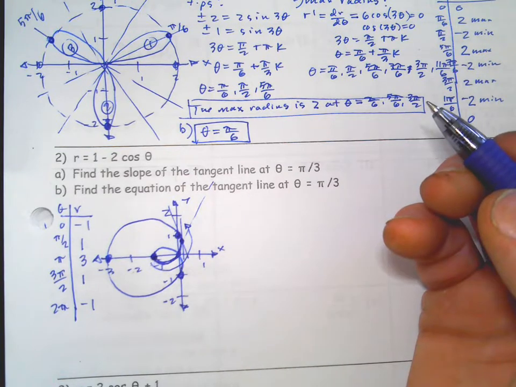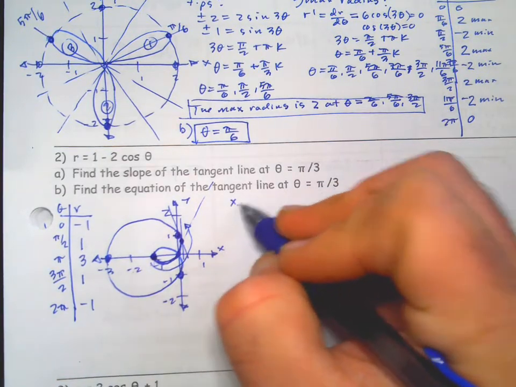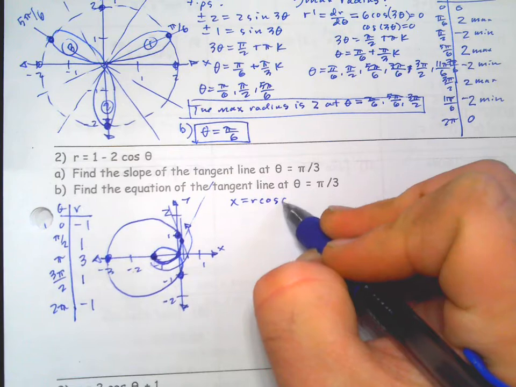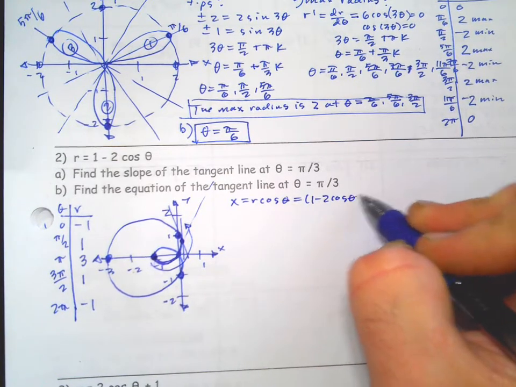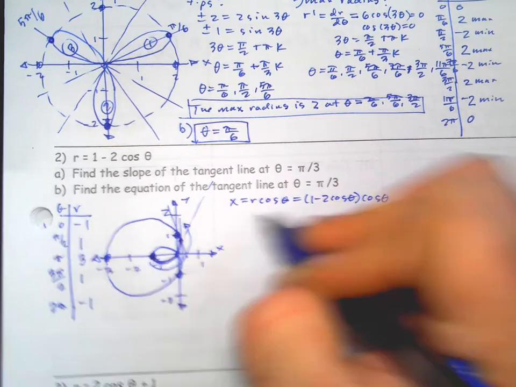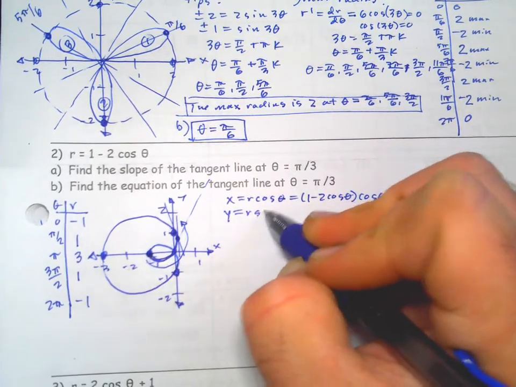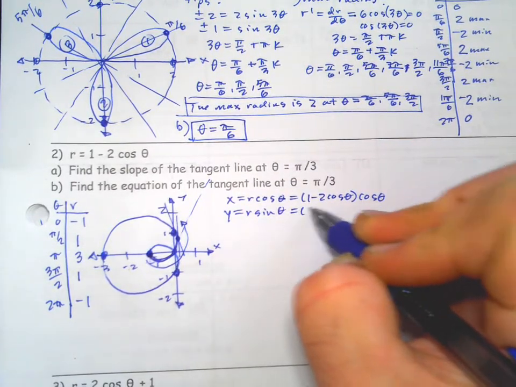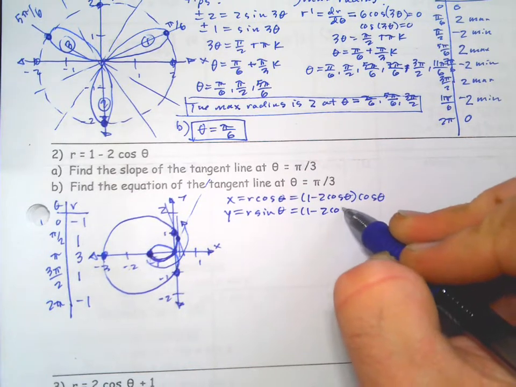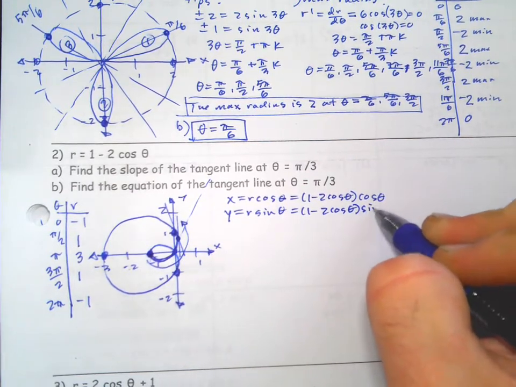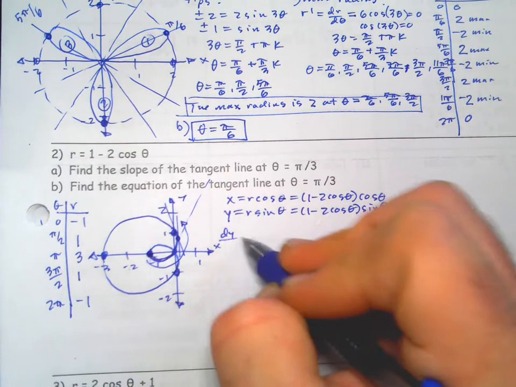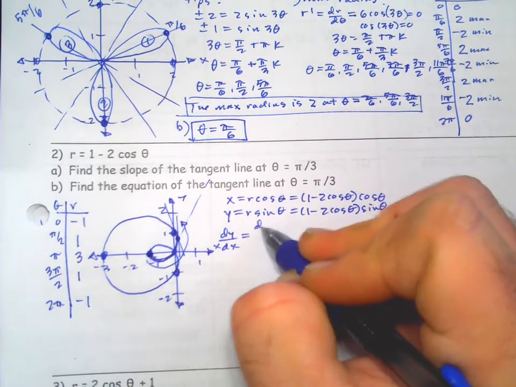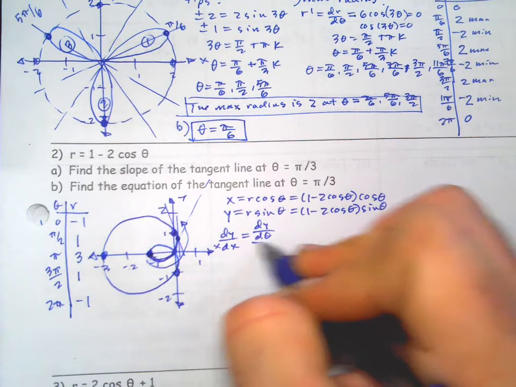Okay, so let's figure this out. We need a point and a slope. x equals r cosine theta, which is going to be (1 minus 2 cosine theta) cosine theta, and y equals r sine theta. So it's going to be (1 minus 2 cosine theta) sine theta. And so the slope is going to be dy/dx, which is going to be dy/d theta over dx/d theta.